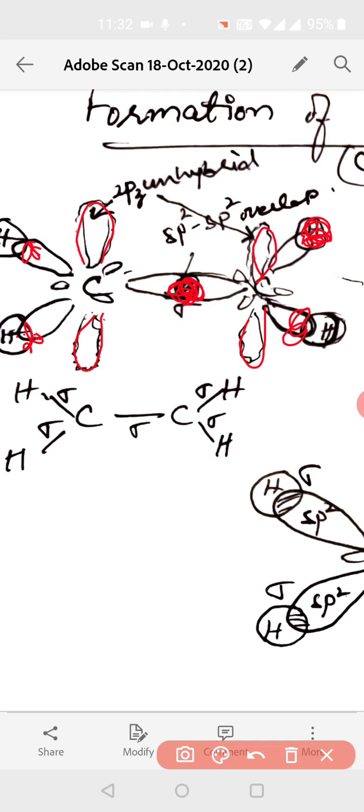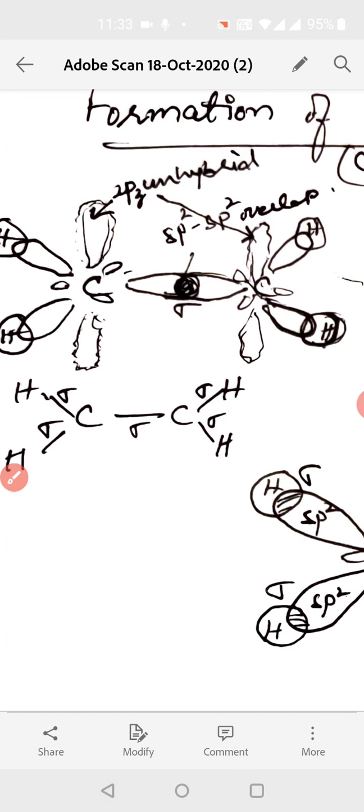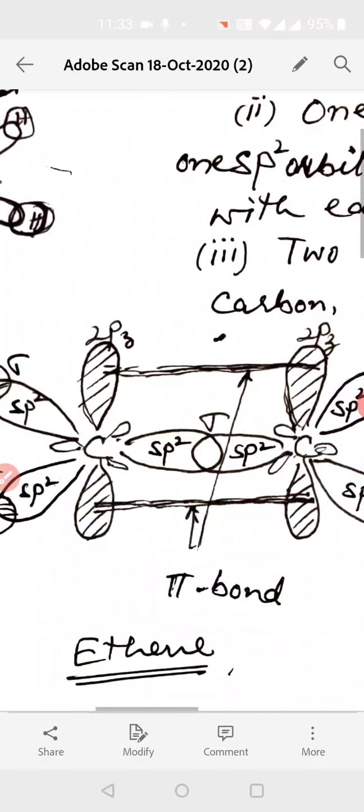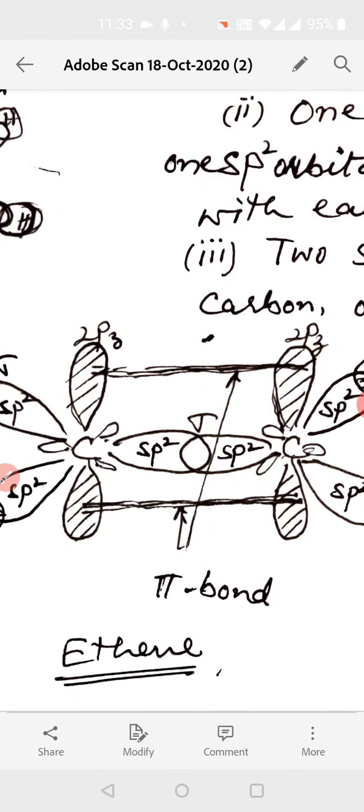to form the bonds. In this structure there is sidewise overlap of 2pz orbitals. These are 2pz orbitals.